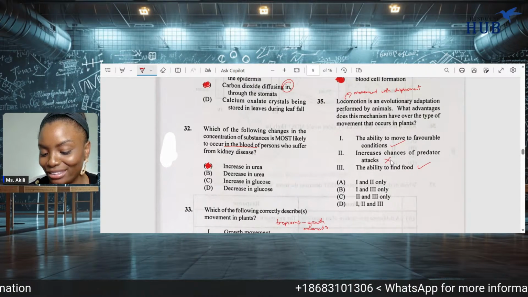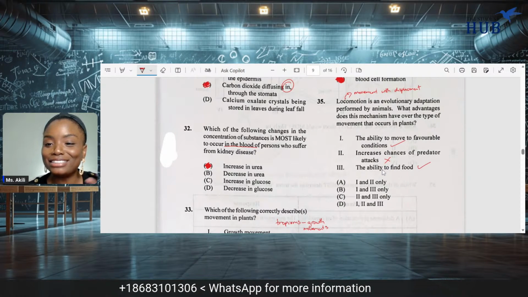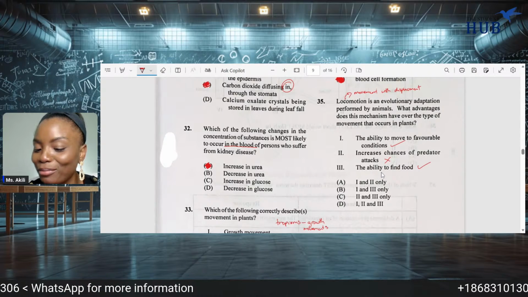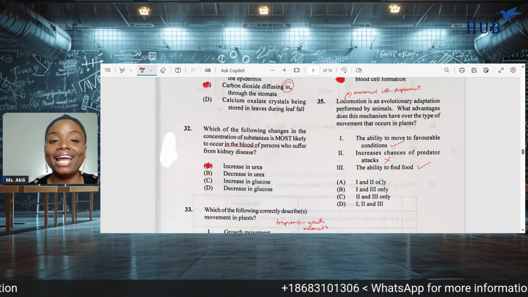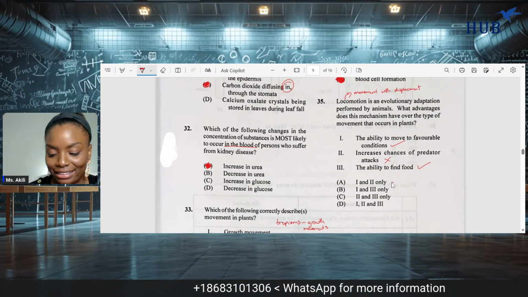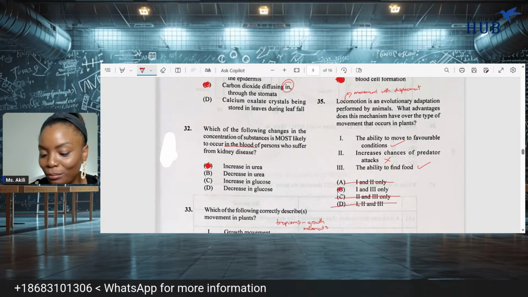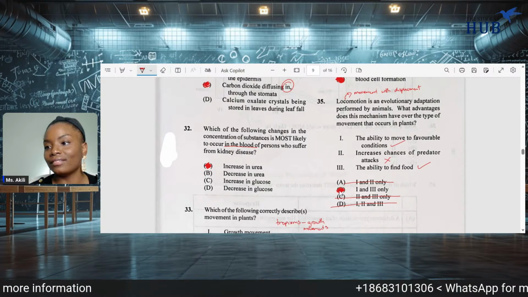So 2 is out. Miss Pelter Stone, my aim not so good, right? I am running. Okay. Anyway, so any option with 2 is going to be out. That takes out A, C, and D. So that is going to leave us with B as being the only correct answer, right?